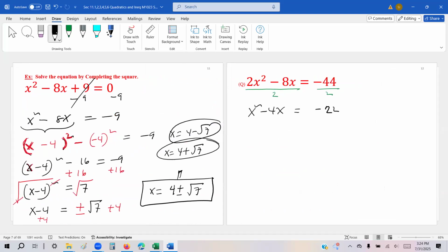Half of b is negative 4. Whatever you have, you have exactly half of that quantity. So this is negative, you should have negative here. If you have positive, you should have positive here. So half of your b, whatever sign b has, that sign has to be inside.